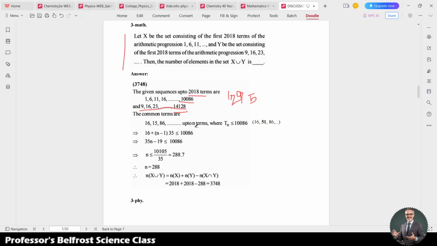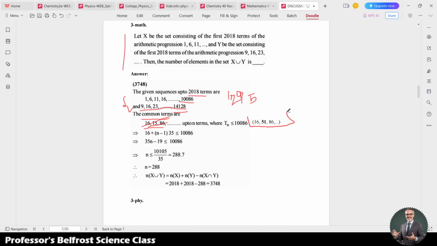The first step is that we need to find out the common terms of these two sets. Actually, this was wrong; I picked it from the textbook.